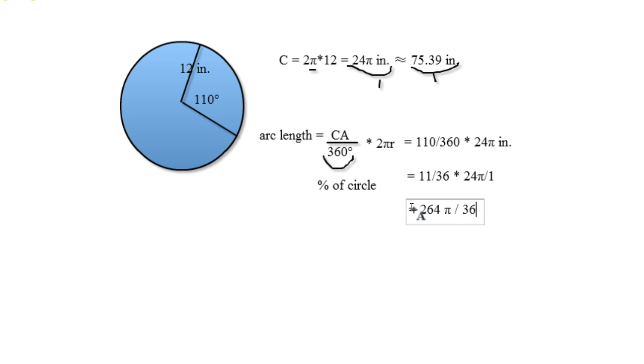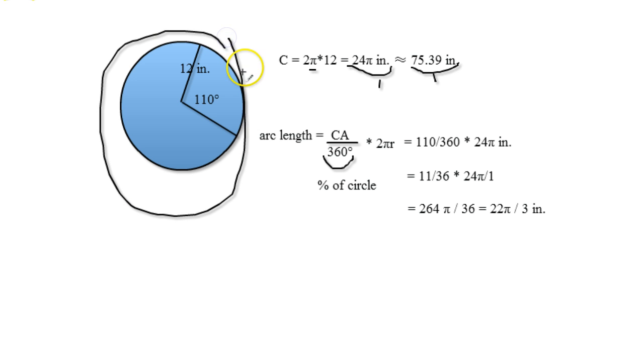Now if I reduce that, 264 divided by 36, that should reduce to 22 pi divided by 3 inches. So long story short, the entire circumference around the circle is 24 pi. The arc length from here to here of the circle is going to be 22 pi divided by 3 for exactness. Once again, you can get approximate numbers and decimals, but I wouldn't recommend it.